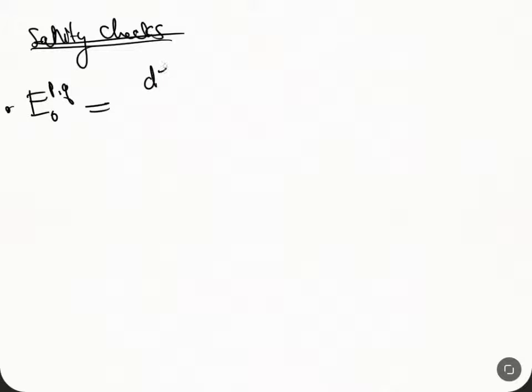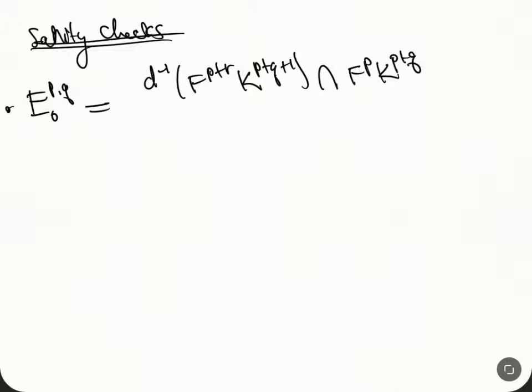We get D inverse of F P plus R, K P plus Q plus 1, intersected with the filtered part. Remember we filtered this. Again, this is a modification of the pth gradation.